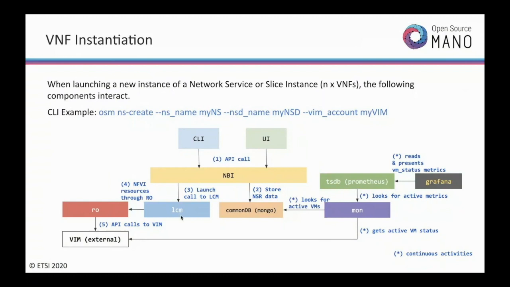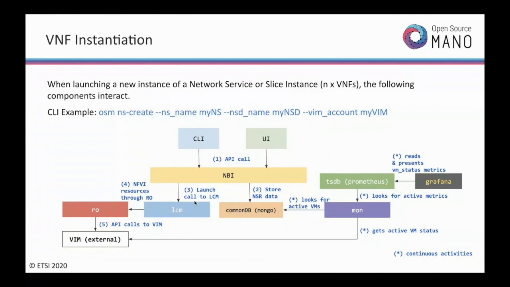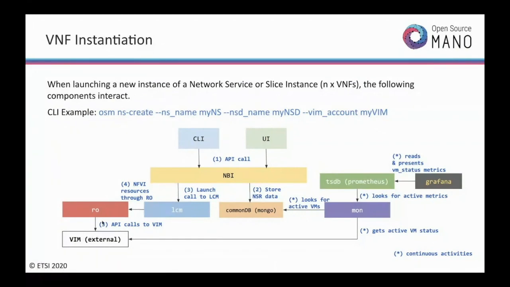So the first component I would look into would be LCM, right? And if LCM shows everything okay, then I would go to RO, which are the main components in the path to instantiating things at the VIM. So LCM, then RO.